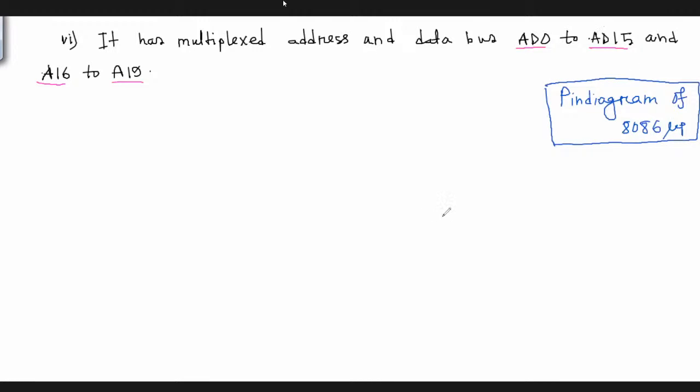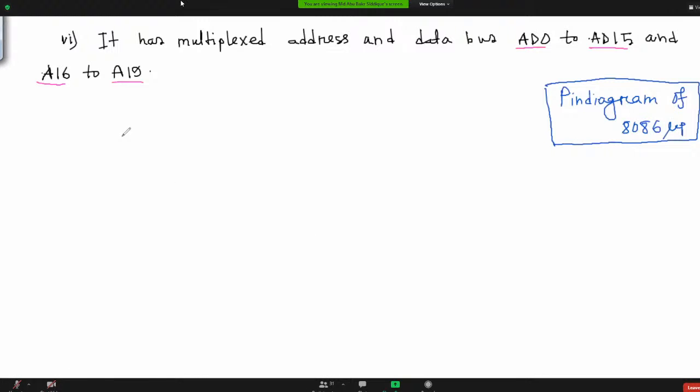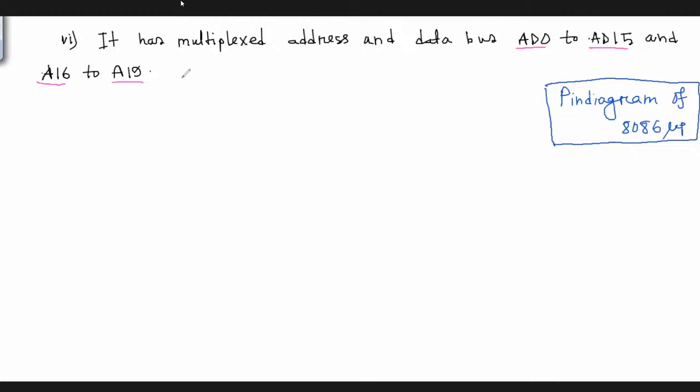There are 16 pins to transmit data and address, and there are extra pins. So it has multiplexed address and data bus AD0 to AD15, A16 to A19.